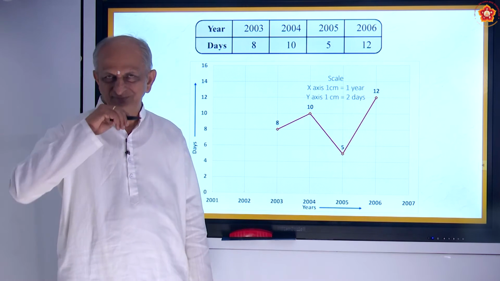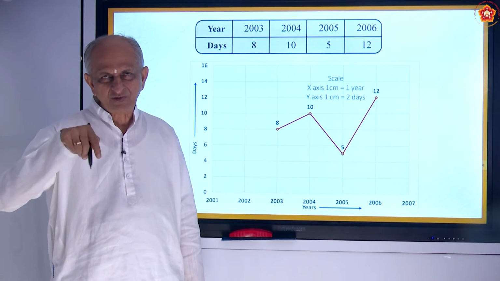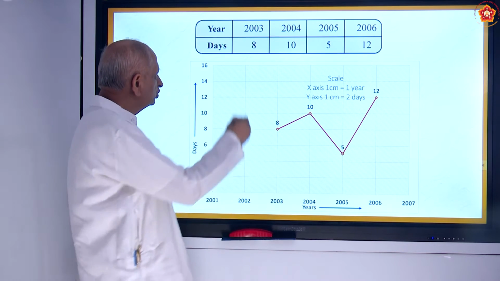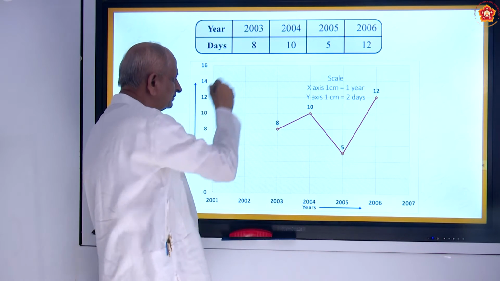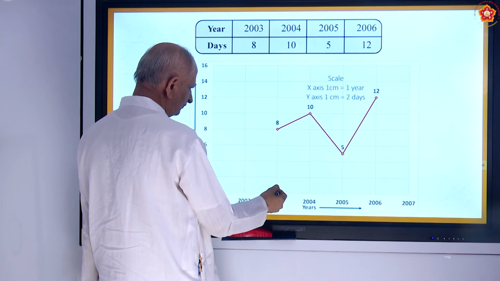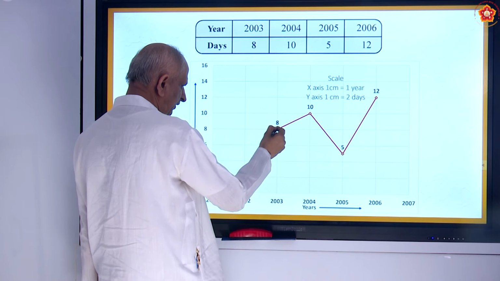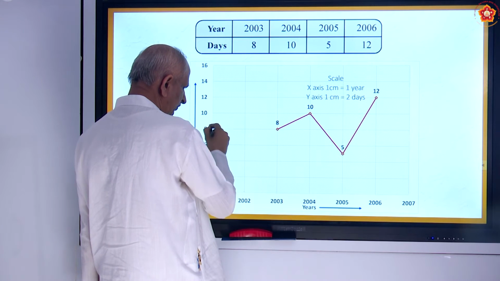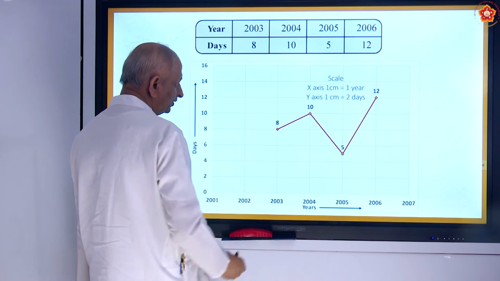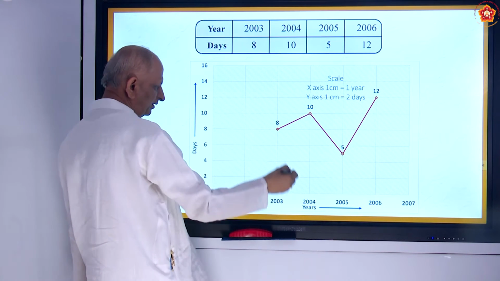Can you do it? Come on, draw a rough figure now. You can try it neatly after. Now, come on. 2003, 8 it is said. So, in 2003, you have to mark a point at 8 here. So, this point. Then 2004, 10.